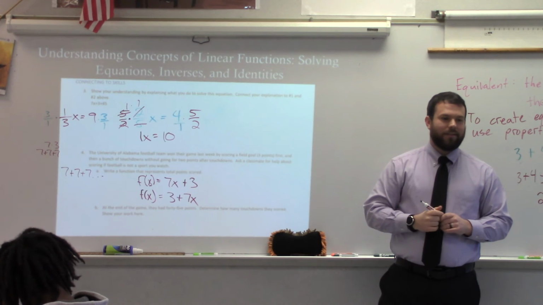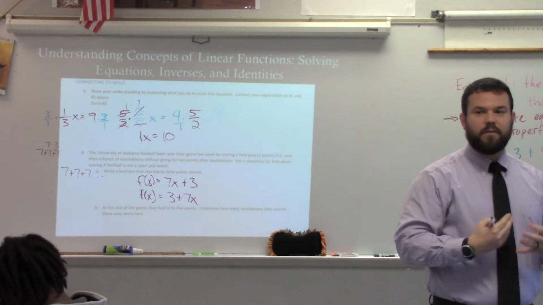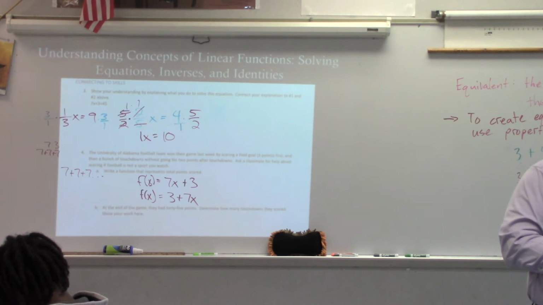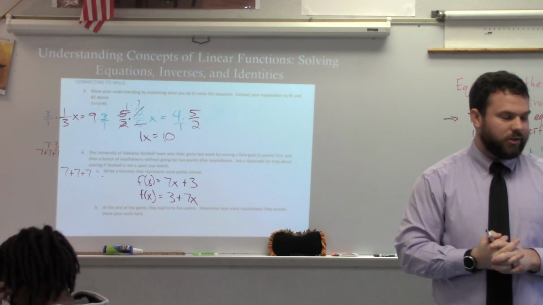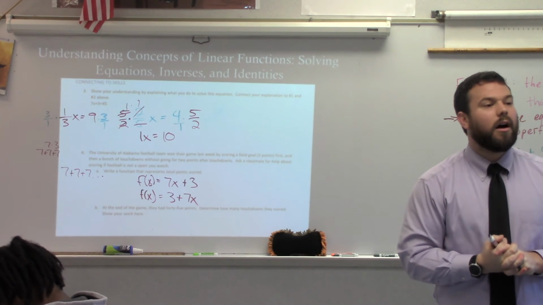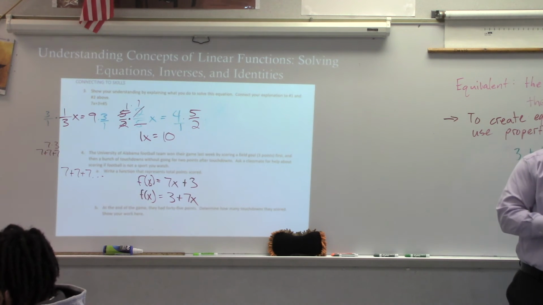If we're evaluating a function, that's not the name of it. It is a linear function, but I'm asking for the name of this type of linear function. Slope-intercept form of a linear function.